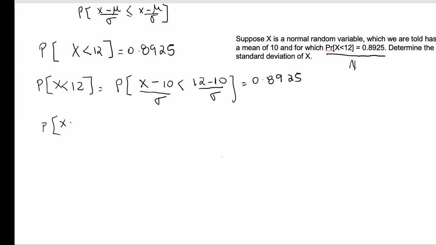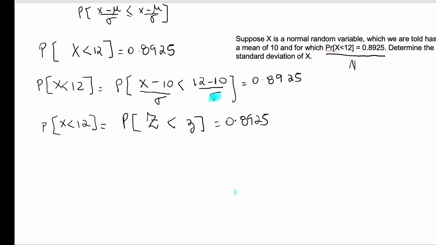So we know that when we do the standardization, the left-hand side becomes what? It becomes the standard normal, right? What about this guy? Well, this guy becomes a number. I don't know which number it is, but it's the z-score that I will look at in the table, right? And when I look at the table, the guy found this probability. So how can I find the standard deviation? I want this guy.